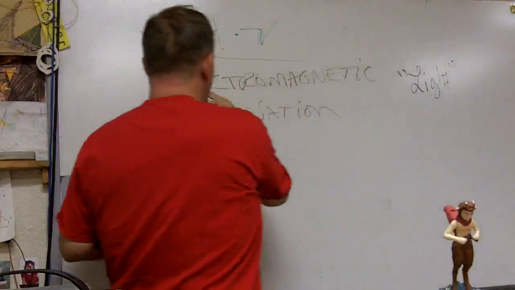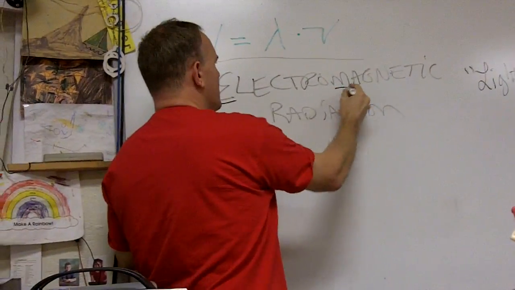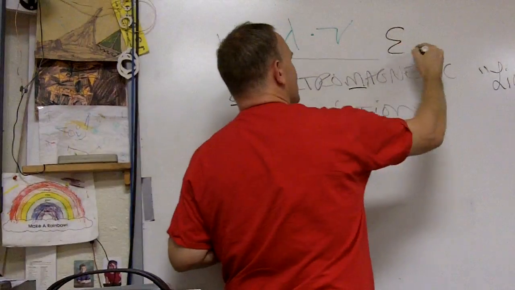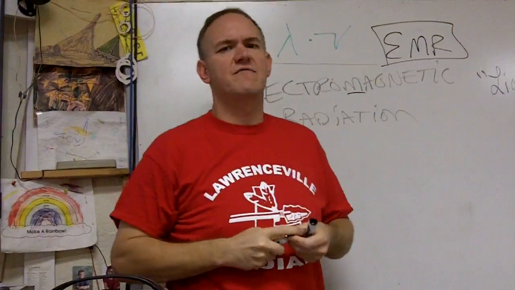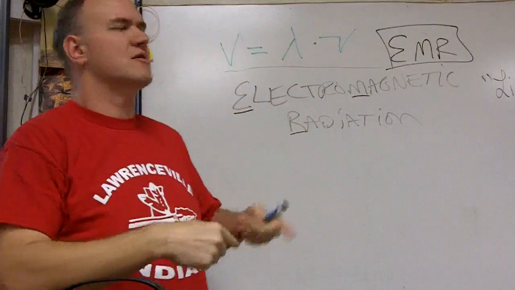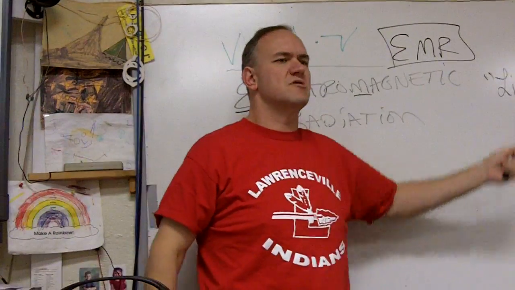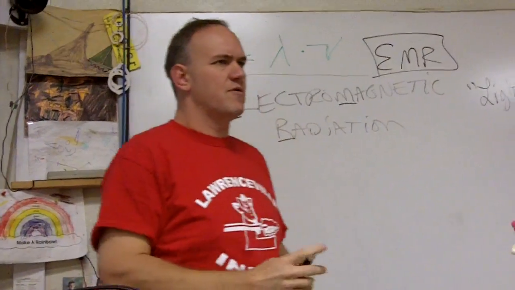By the way, electromagnetic radiation is a mouthful. So when I say EMR, that's my abbreviated way of talking about electromagnetic radiation. Or I could just say light. Same thing.